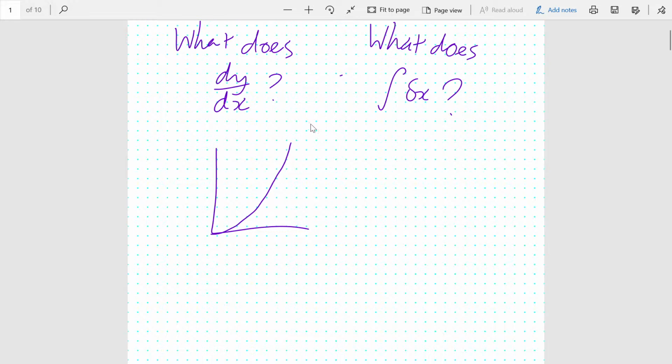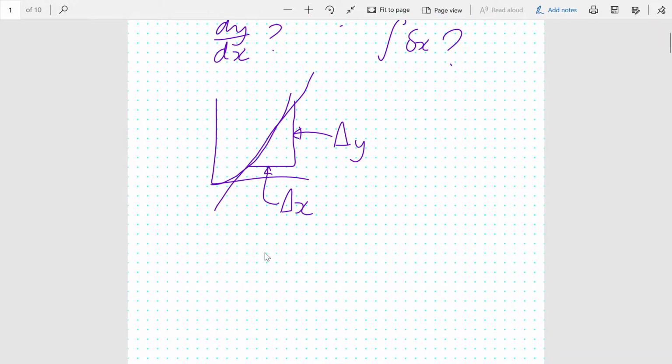Now, of course, normally the gradient is, you've got a straight line, and then you figure out how much across, how much up it goes, and this distance across, you call it the change in x, or delta x, and this distance upwards is the change in y, or delta y. You might be more familiar calling this rise over run, but this obviously does not work for our curve because we want the size of this triangle to be infinitesimally small.